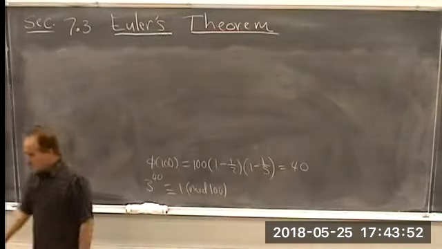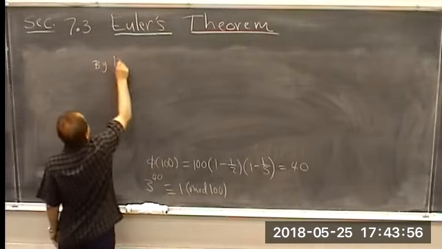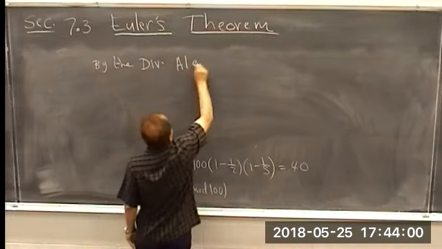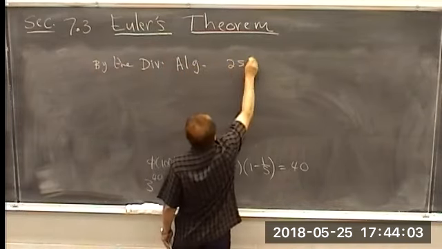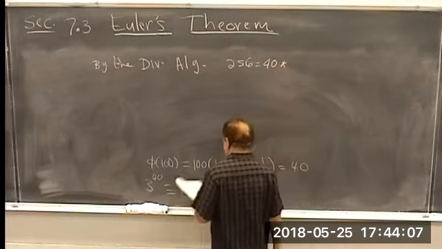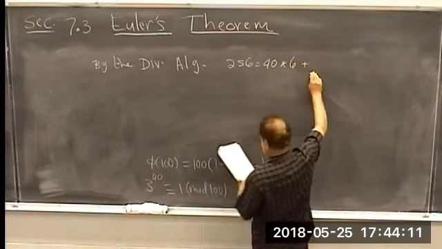By the division algorithm, we have 256 is equal to 40 multiplied by 6 plus 16.